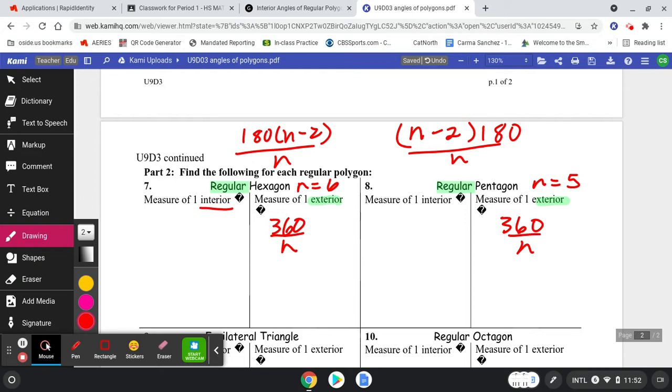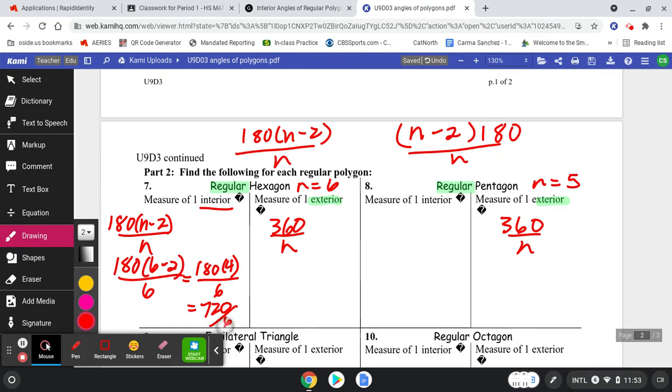Okay, so let's go try these little formulas. 180 times n minus 2 over n is going to work out as 180 times 6 minus 2 over 6, or 180 times 4, which is 720 divided by 6 gives me 120 degrees.